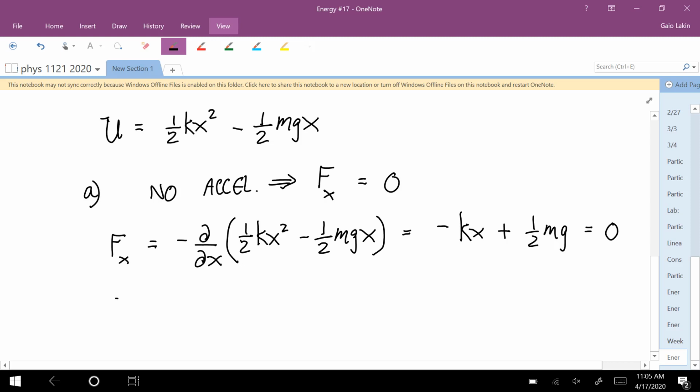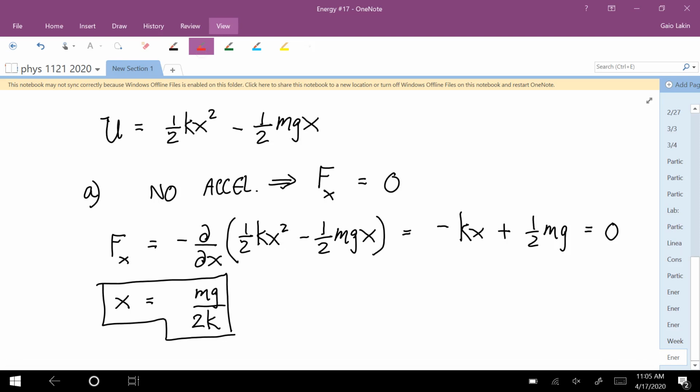And so it's at equilibrium when x is equal to mg over 2k. We have numbers for this, and if you plug in the numbers, mass is 1, g is 9.81, k is 250, you get about 2 centimeters. So that spring is stretched 2 centimeters.